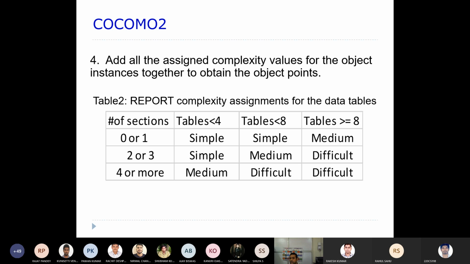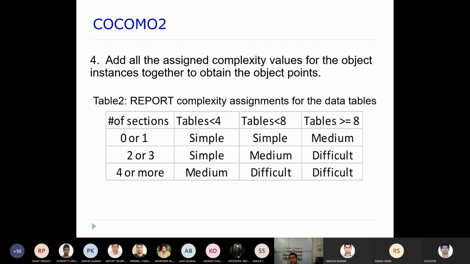Say you have a component, and for that component you require a number of screens, maybe 4, and a number of reports, maybe 3, something like this. For each and every instance you have assigned some weights. Now those weights will be added together.